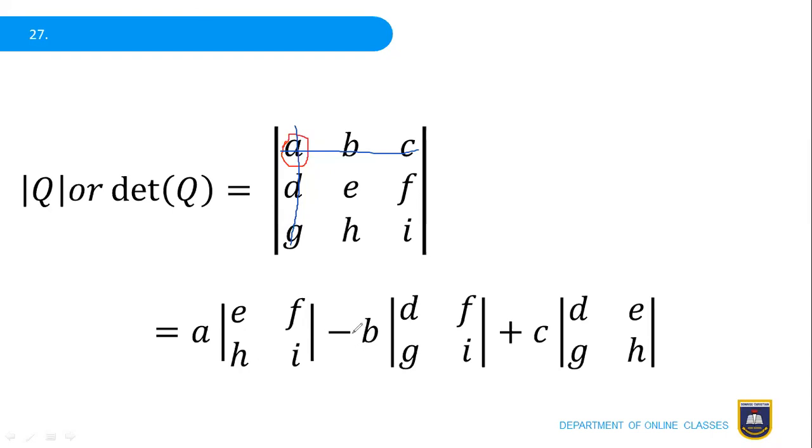So I'll say minus B. Now, if I pick this B, which is first row, second column, I'll pick my B here.